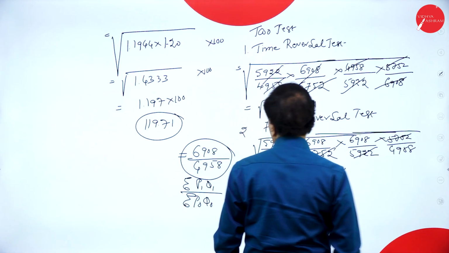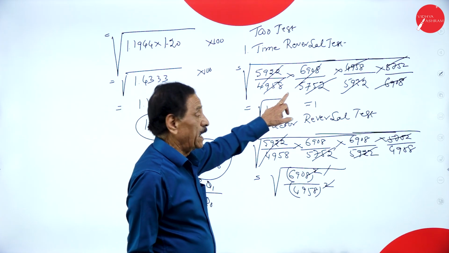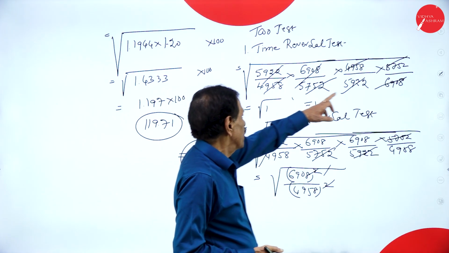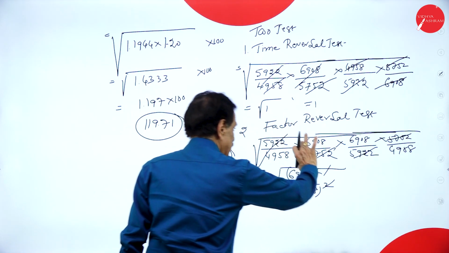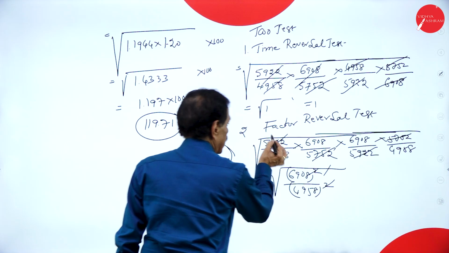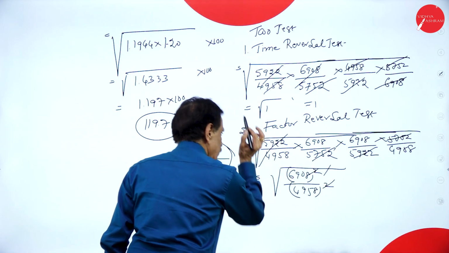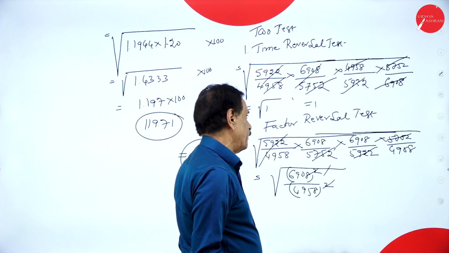This is the test we got. First find out the index number. This is time reversal test. All the numbers should be reversed here, and it's called the root 1 is 1. Whereas the factor reversal, write as it is: 6908 divided by 5922, 5752 divided by 4958.